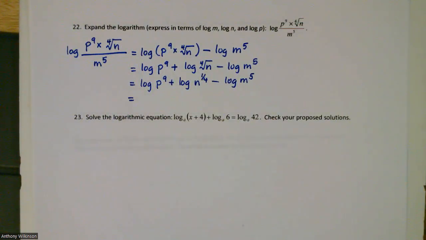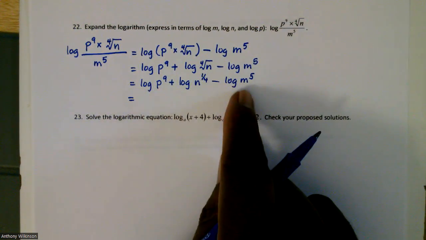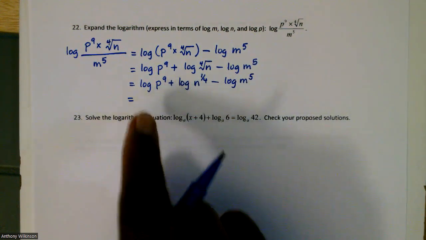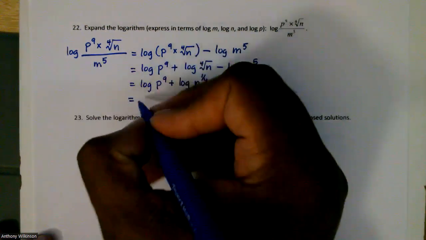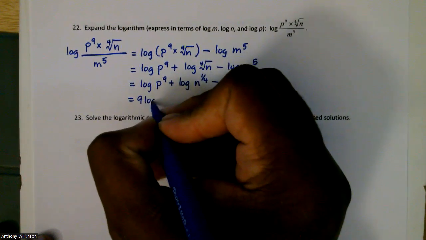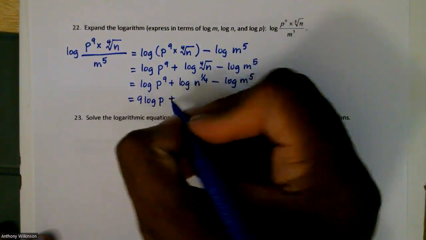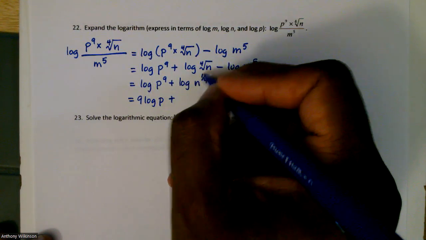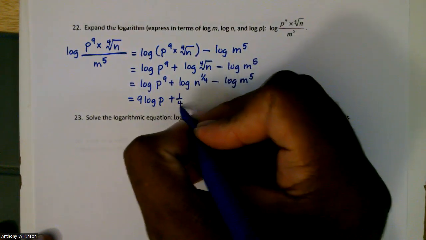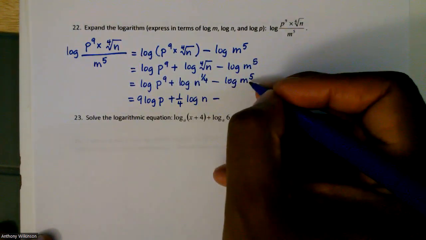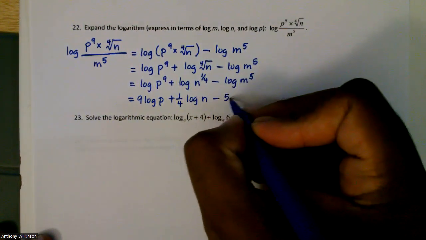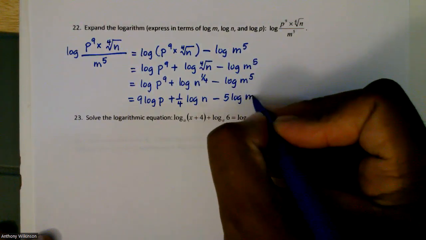Now, for each and every term, I'm going to apply the power rule because I have exponents here. That means I'll pull those exponents in front of the logarithm. So log of p to the ninth, that 9 goes in front of log of p, plus the log of n to the 1/4, that 1/4 will go in front of the log of n, minus log of m to the fifth, that 5 goes in front of the log of m.